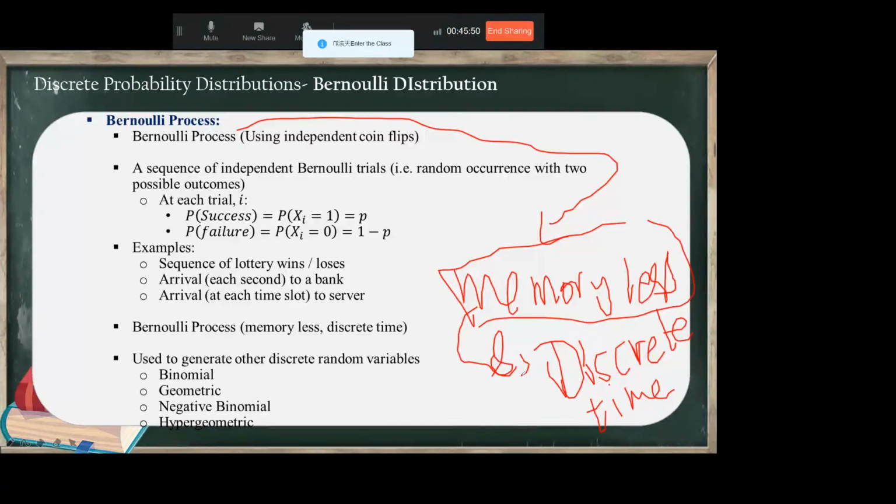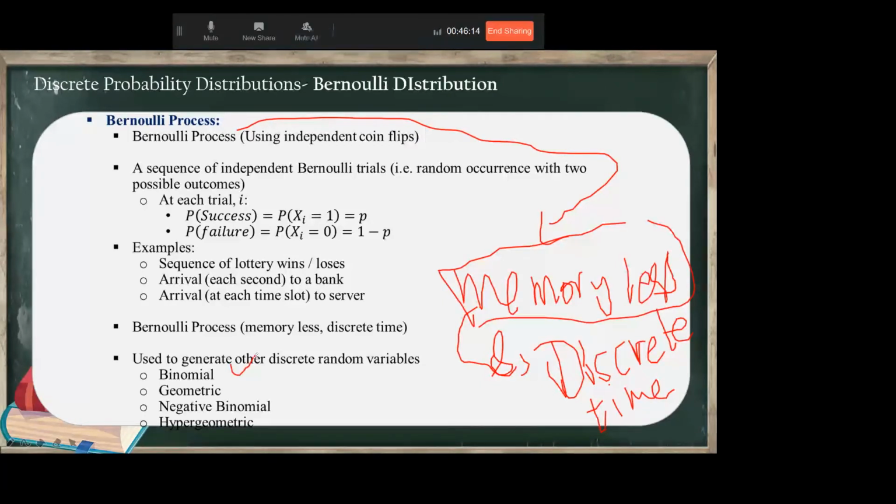This Bernoulli process actually helps us further to generate discrete random numbers. These can include binomial, geometric, negative binomial, hypergeometric, and other numbers.